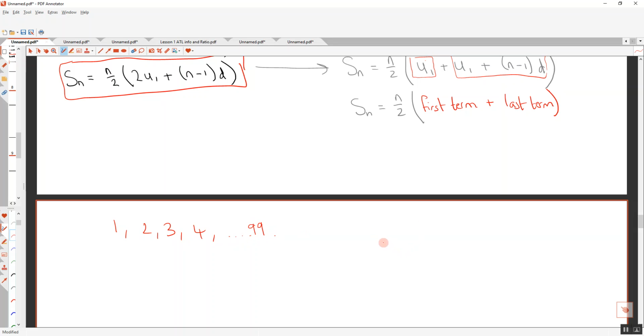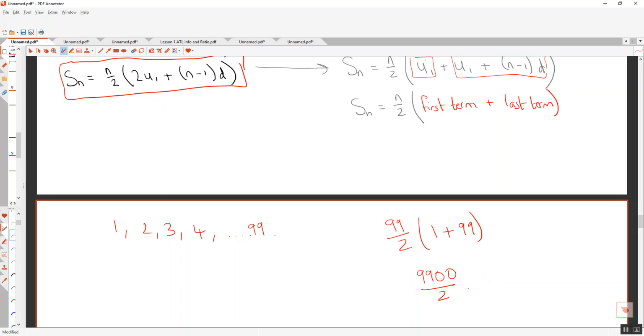What's the sum of that sequence? 1 plus 2 plus 3 plus 4, all the way up to plus 99. You could work it out really easily because you know, how many terms is there? 100? No, 99. There's 99 terms. It's 99 over 2 multiplied by first term plus the last term. So I've got 99 over 2 multiplied by 100. And so that would be the sum of the sequence.